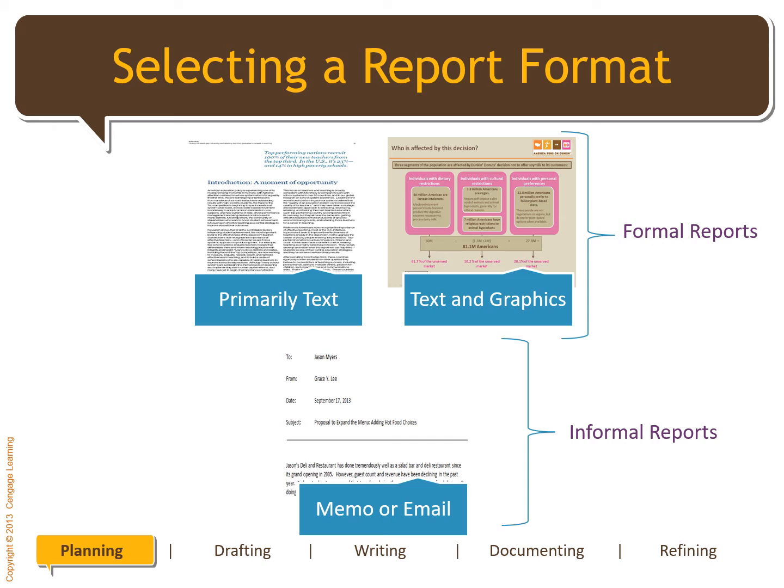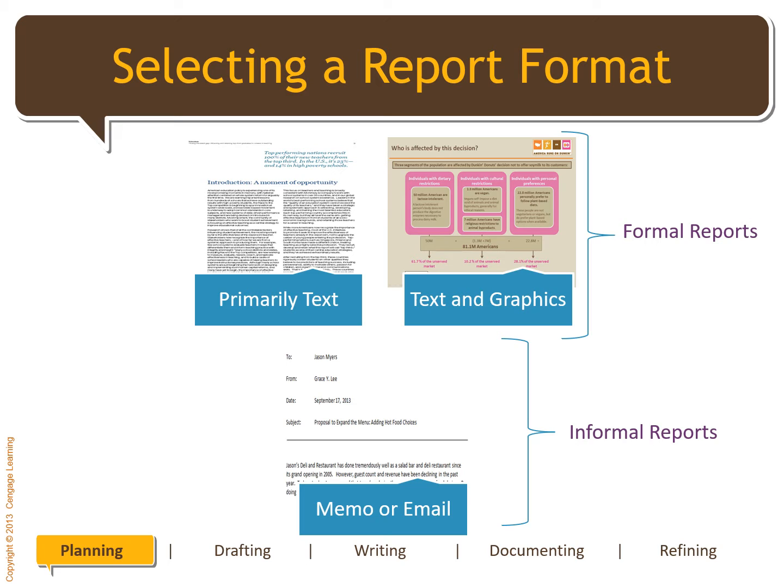So the first thing that we need to decide on earlier in the process is what type of format we need for the report that we are writing and submitting to another person or another party or another department. So in typically formal reports, we would have either primarily text reports, reports that are heavy with text and not a lot of tables and graphics and infographics and charts and graphs and such.